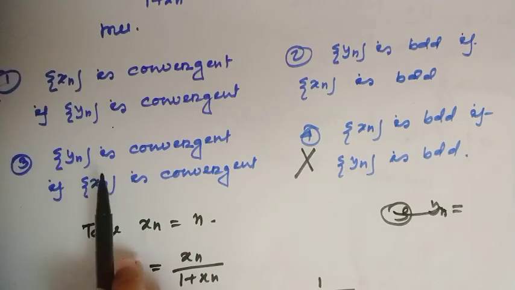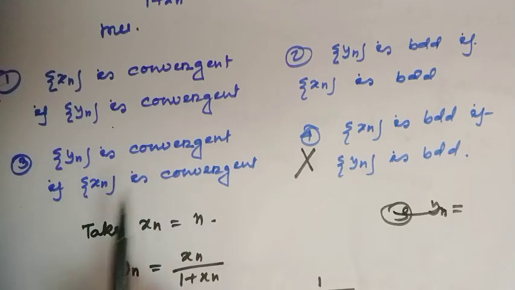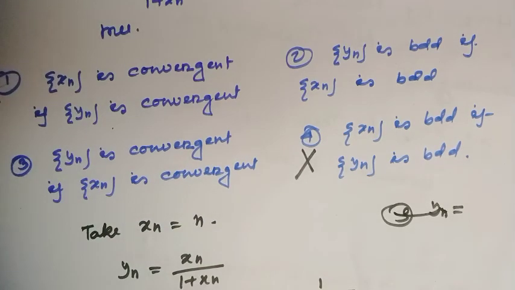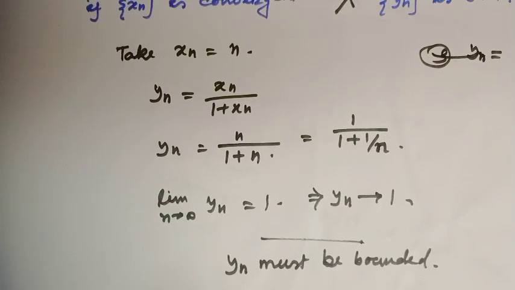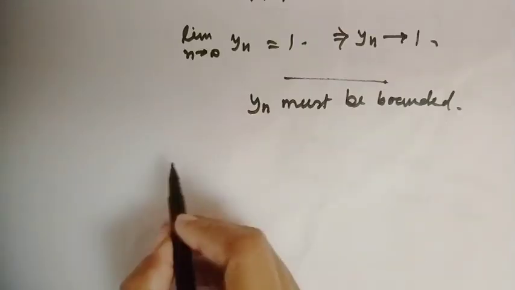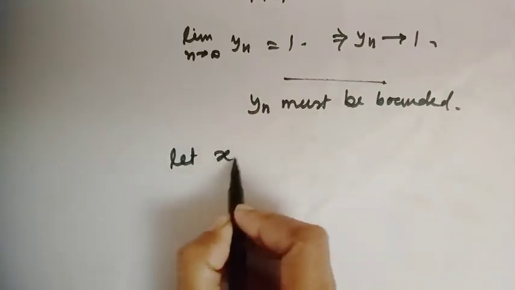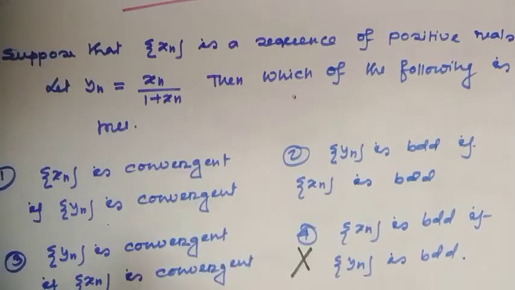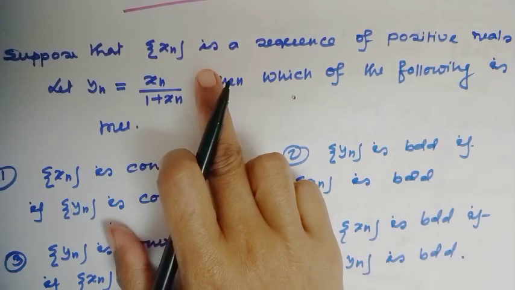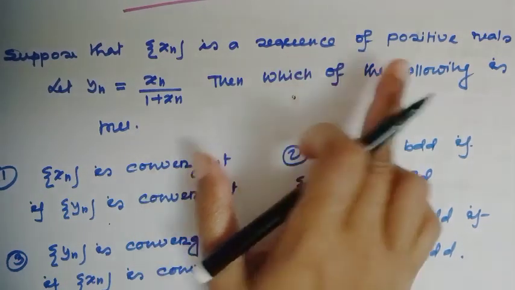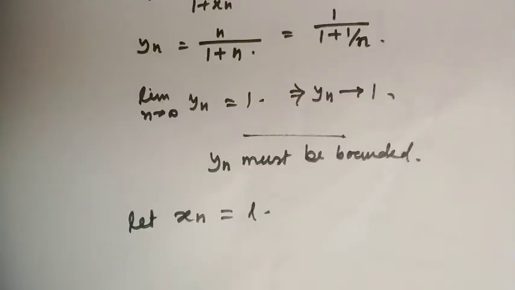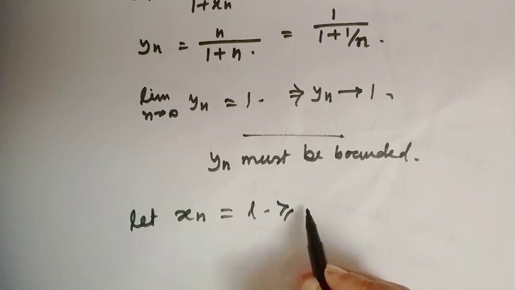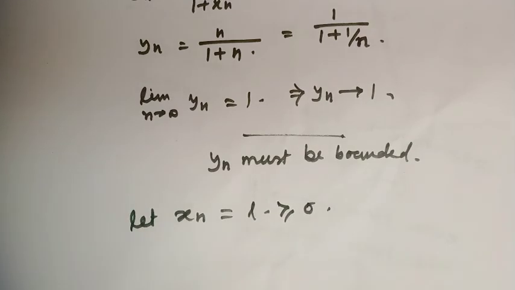Third option says yn is convergent if xn is convergent. Since xn is convergent, let's consider xn tends to L. And in the question, xn is a sequence of positive real numbers, so L must be greater than or equal to 0.